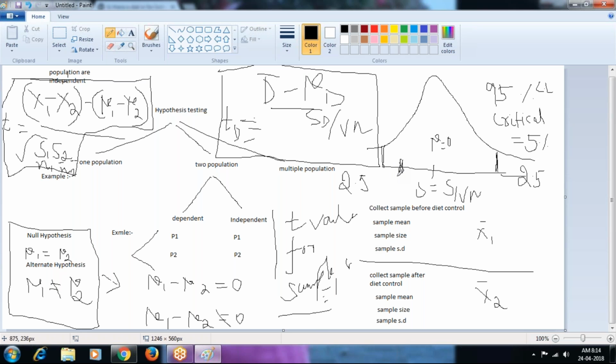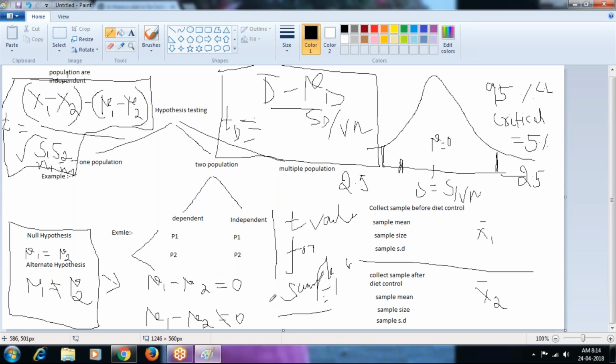If your diet control is working, then the t value which you got from the sampling distribution should be much higher than the t critical value of 97.5, or the t critical value of minus 2.5.